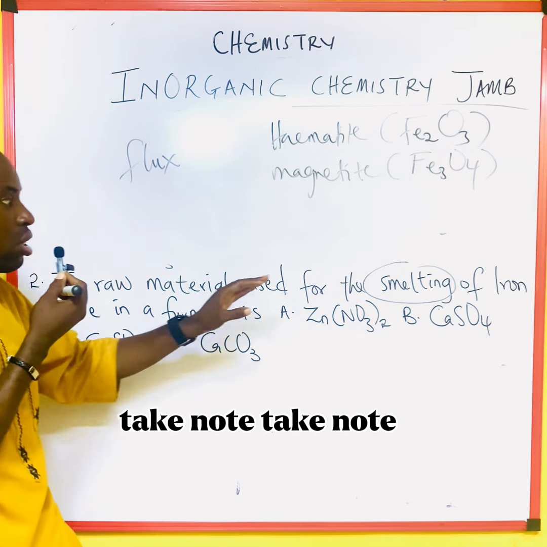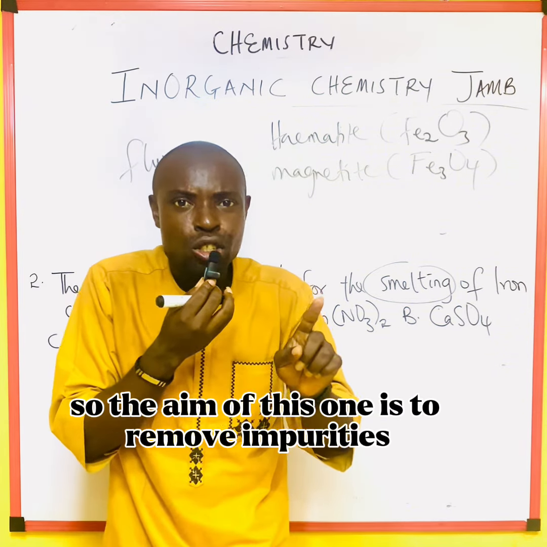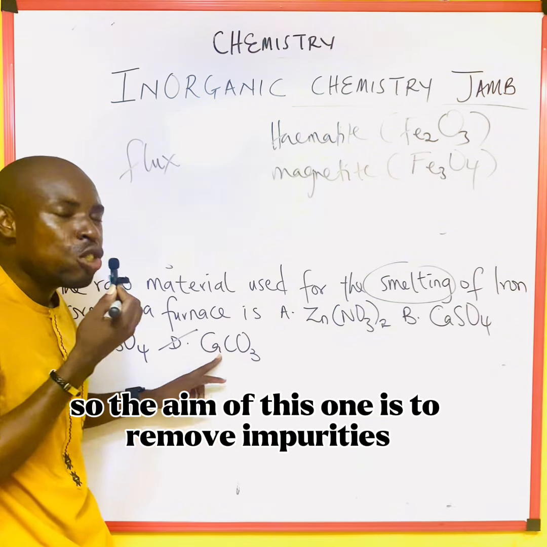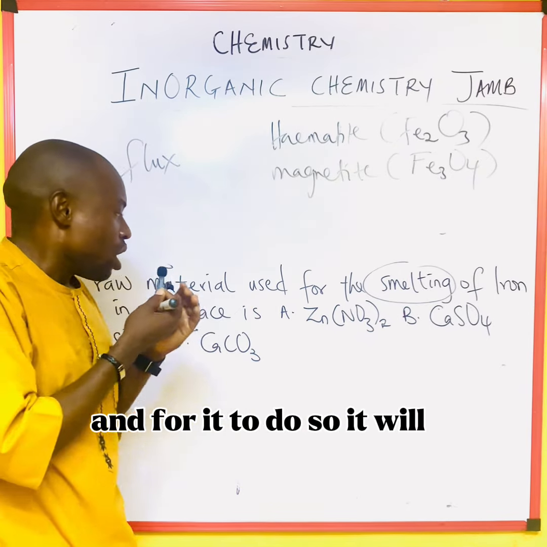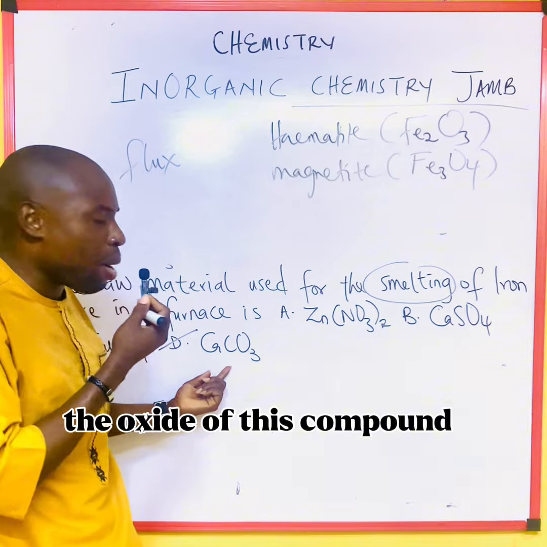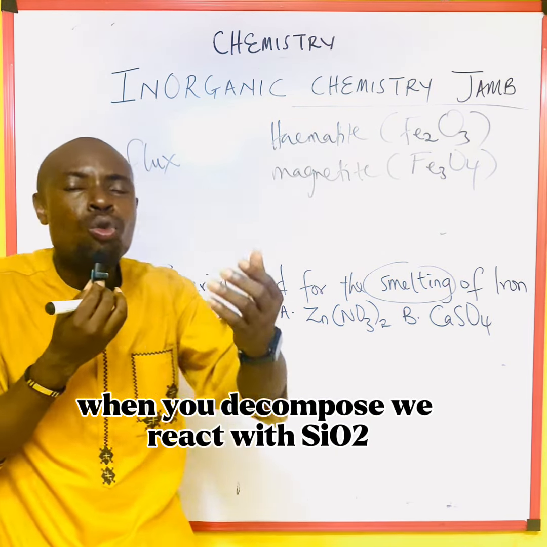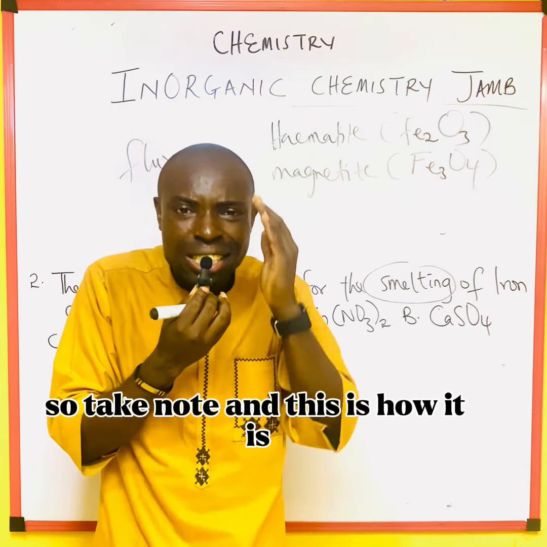Take note, to make it purer, the aim of this is to remove impurities, and for it to do so, the oxide of this compound, when it decomposes, will react with silicon 4 oxide. Is that clear? So take note.